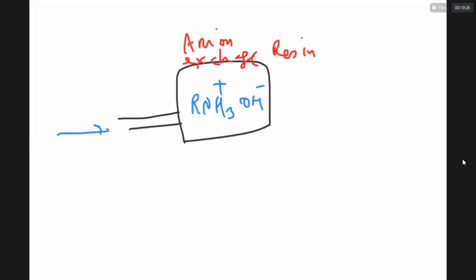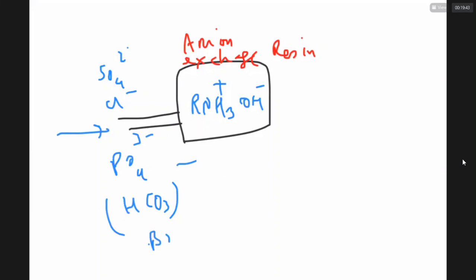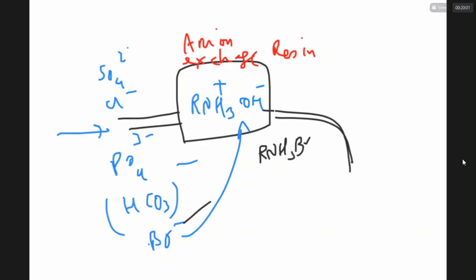Now the water which enters it, whatever negative ion it has, it may have sulfate ions, chloride ions, phosphate ions, bicarbonate ions, bromide ions, any negative ion it will take, so that it becomes RNH3Br, for example, and releases pure OH⁻ ions.